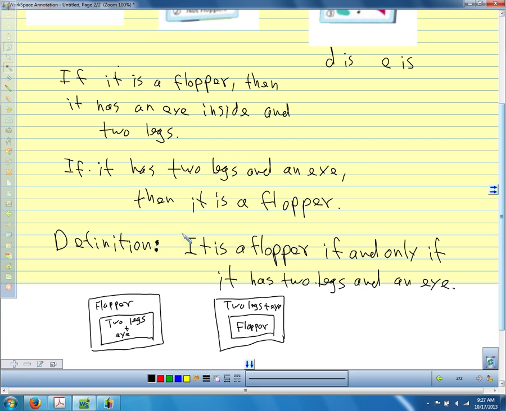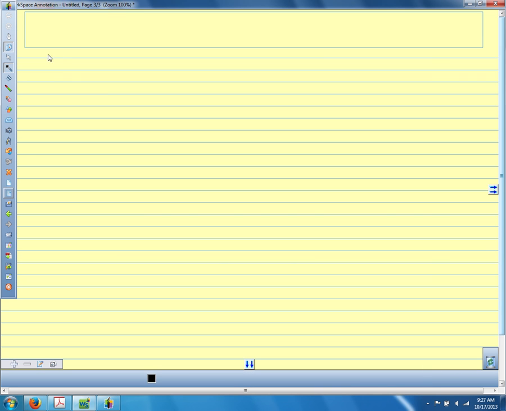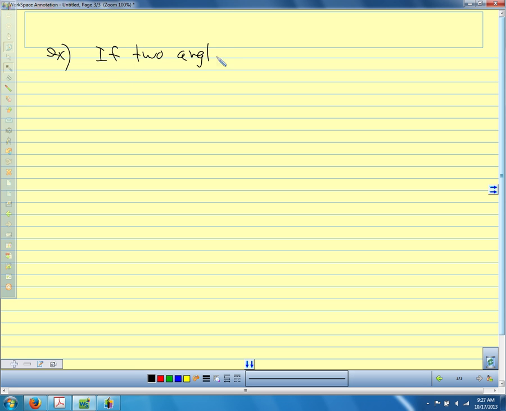All right, so I want to practice a little more with biconditionals, making biconditionals, taking biconditionals apart. So I want to do a few more examples with these. All right, so our conditional statement is: if two angles add to 90 degrees, then they are complementary.